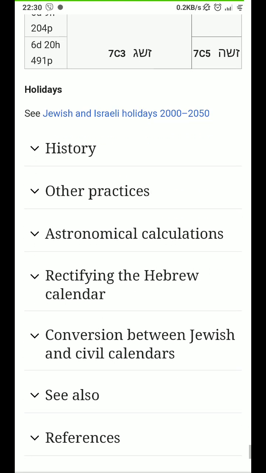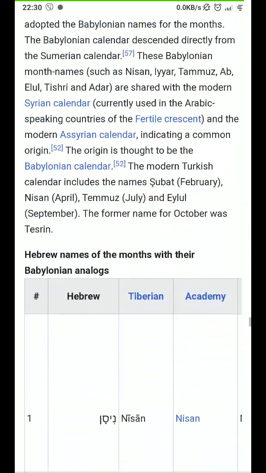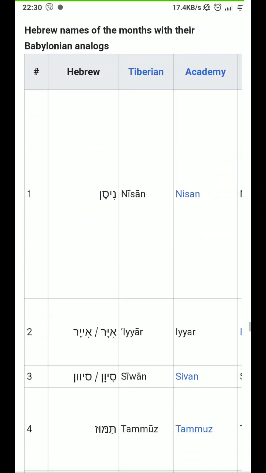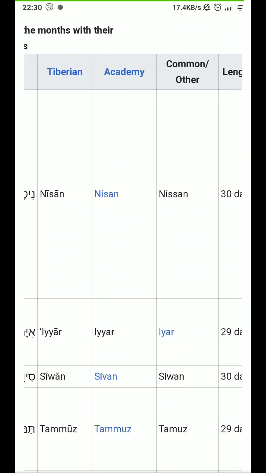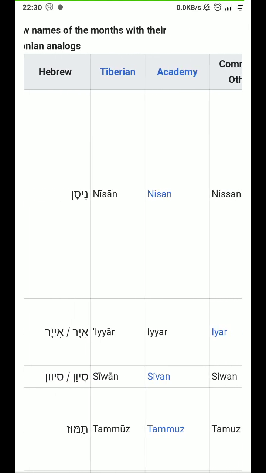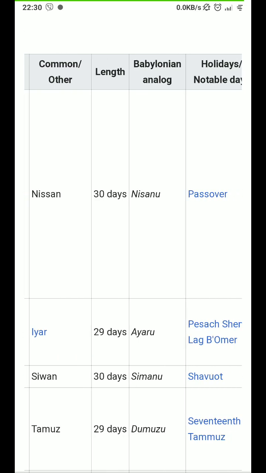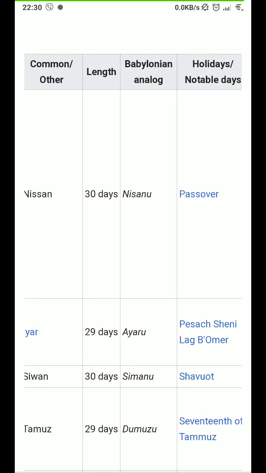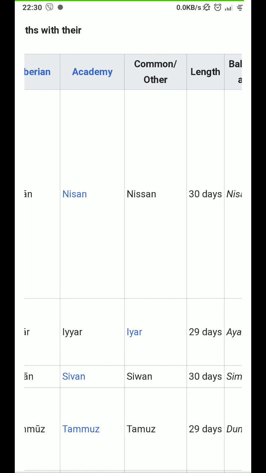I don't remember where this table is. It's here. So here we have the names, like the Hebrew, the Tiberian, and Babylonian analog names. So we can even compare that here.